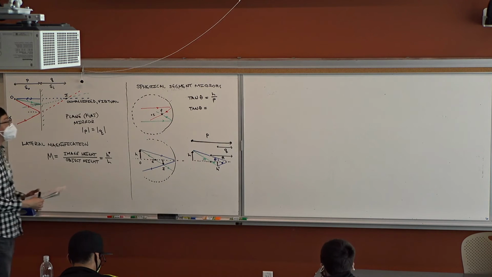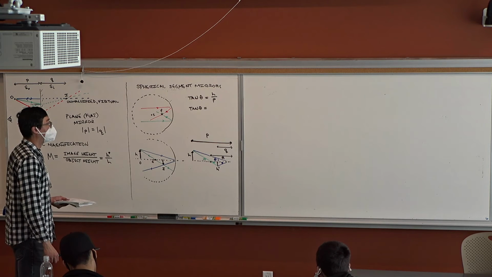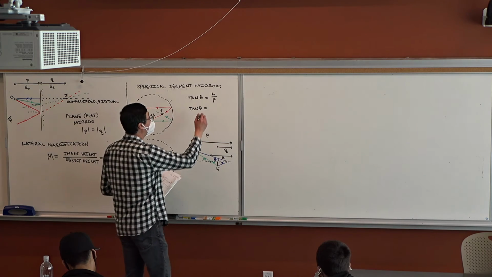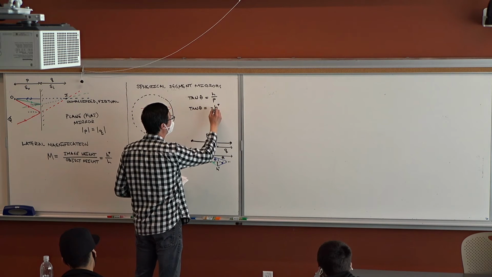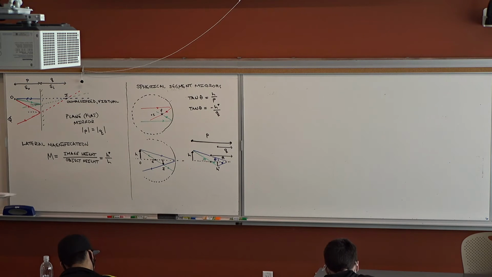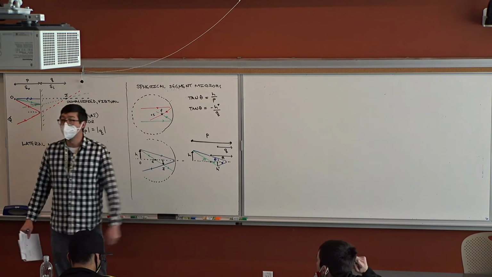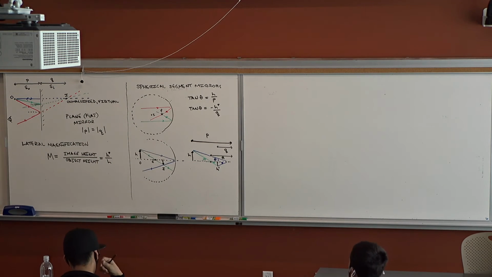But there's another way we could write this in terms of H prime. Would it be H prime over Q? Oh, negative. Yay? Why is it negative? Because note that... Okay. We're happy-ish.